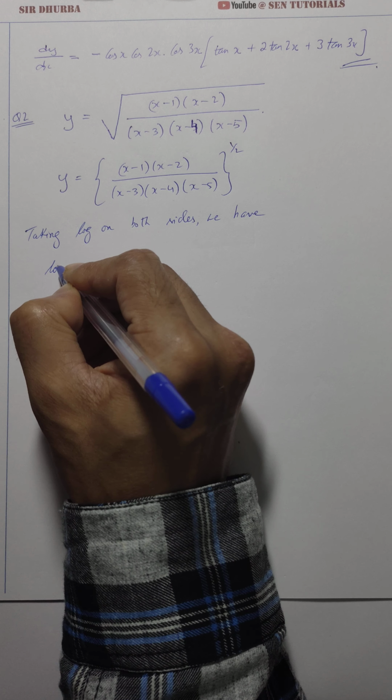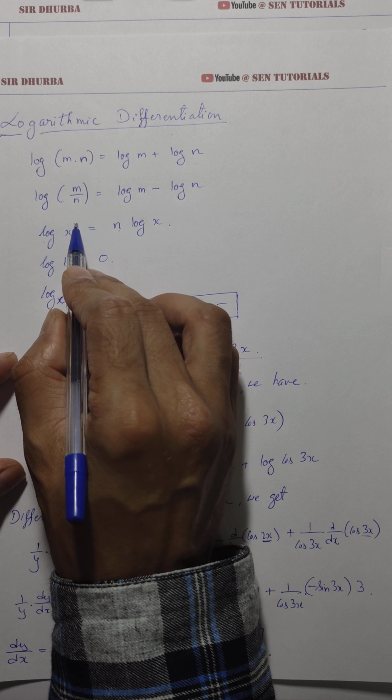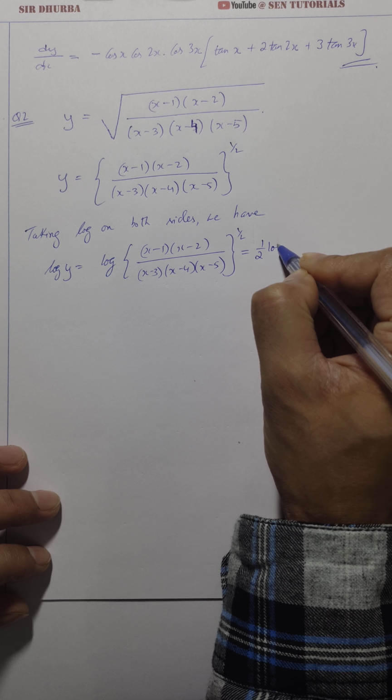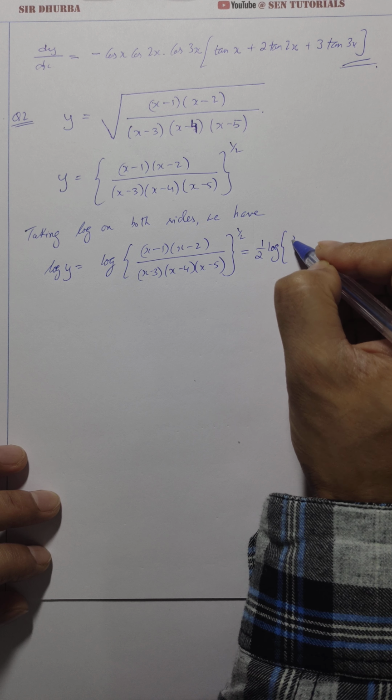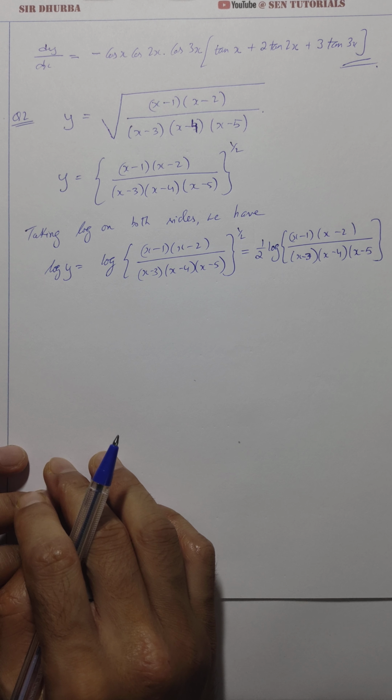If you remember this particular formula, log of x power n is n into log x. This exponent can be brought forward. So 1 by 2, and we've brought it forward, so this can be log of x minus 1, x minus 2, x minus 3, x minus 4, x minus 5.